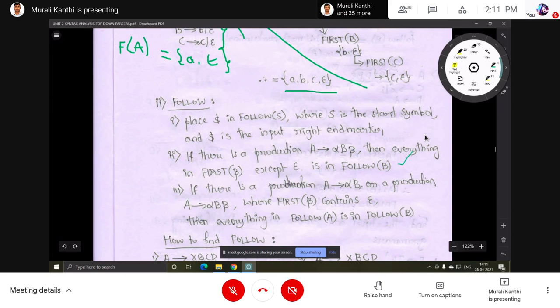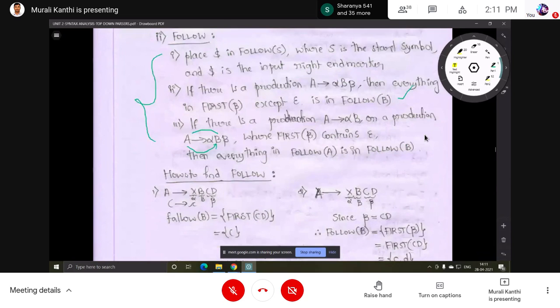So both are the same, and then everything in follow of A is in follow of B. That means whatever is in follow of A will be in follow of B. In these two cases, follow of A is in follow of B. So these are the three rules you should remember. The first function also has rules and the follow function also has rules. Theoretically, you may get this too.